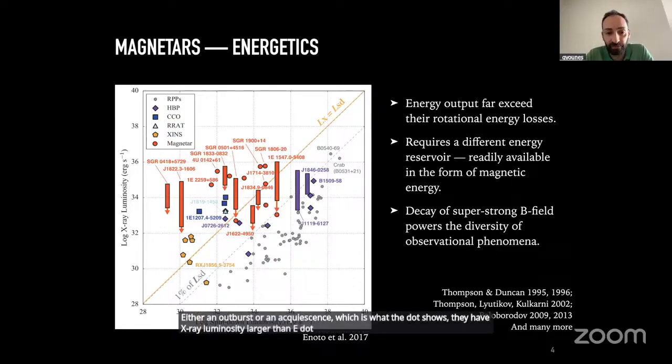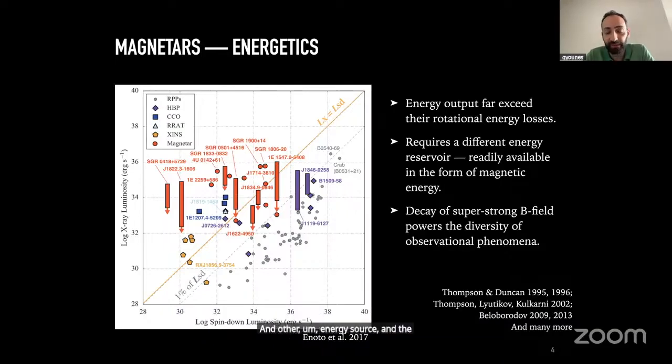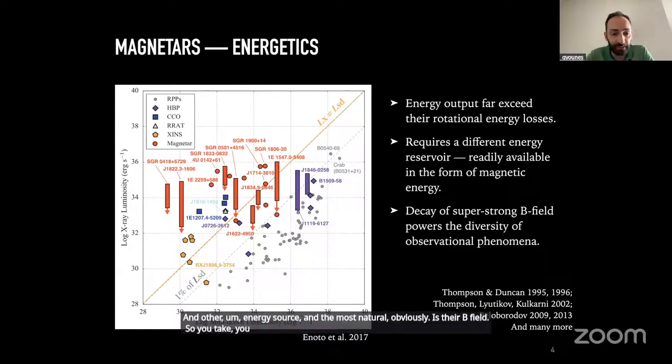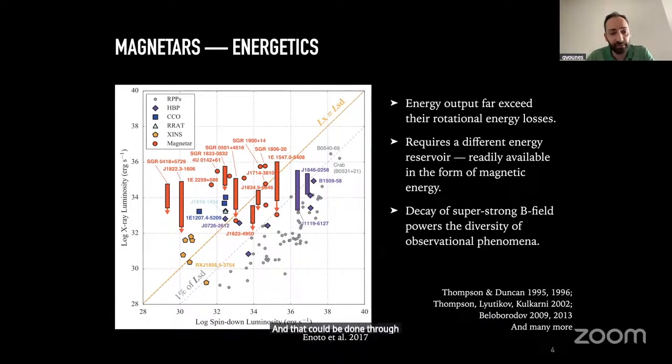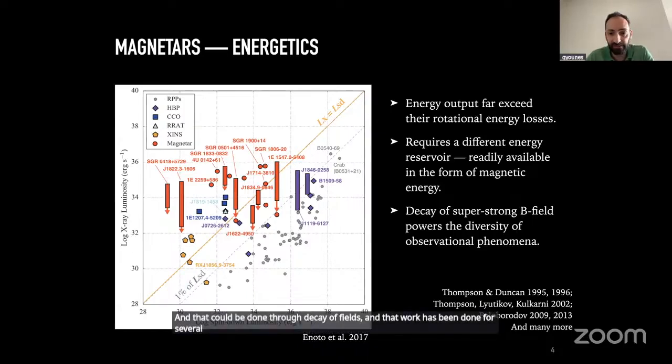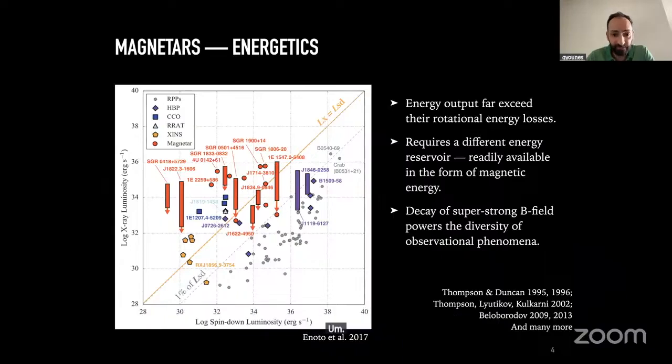So you're going to have to find another energy source, and the most natural, obviously, is their B field. So you take that magnetic energy flux and convert it into radiation. That could be done through decay of fields, and that work has been done for a couple of decades now. That's of course different than the regular pulsars shown in gray dots here.